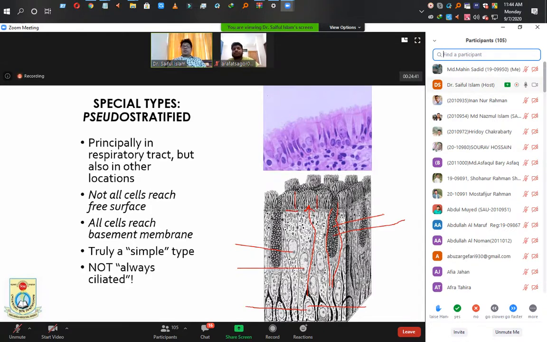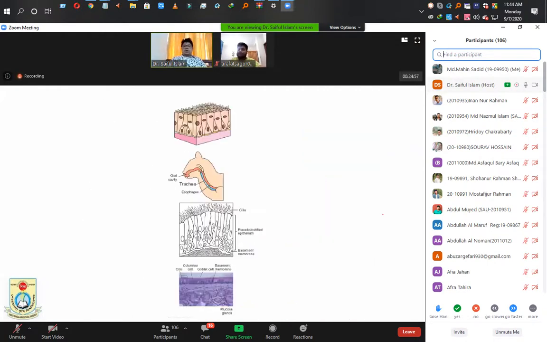Because of the nuclei, it looks like different levels and gives you a false impression, and not all cells can reach the surface. Very important, remember. So this is the example of pseudo-stratified columnar epithelium.